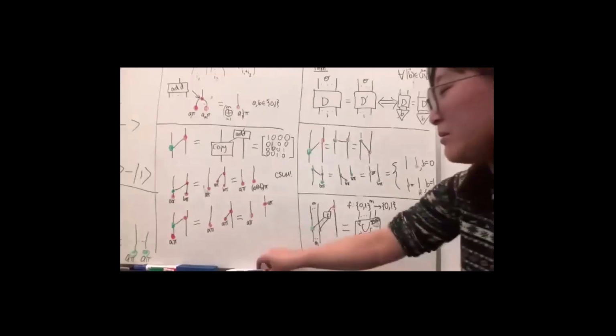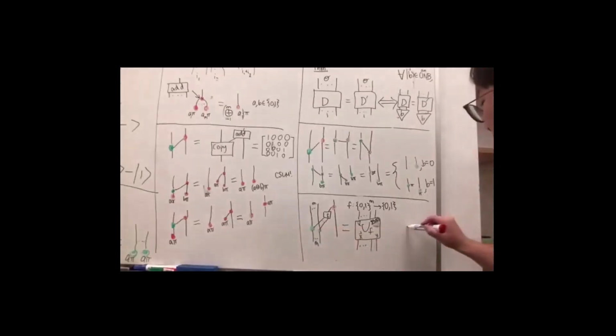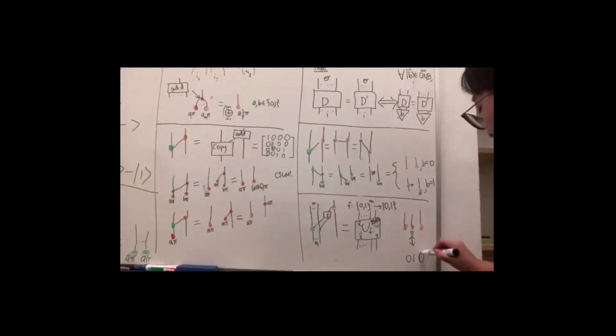So for example, if this was your state, then this would be the bit string, let's say left to right, 0, 1, 0, because it's ket 0, ket 1, ket 0.